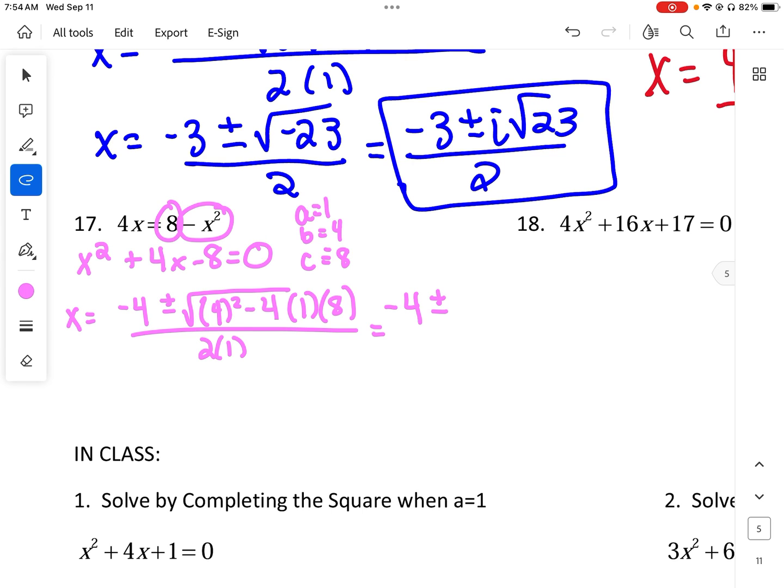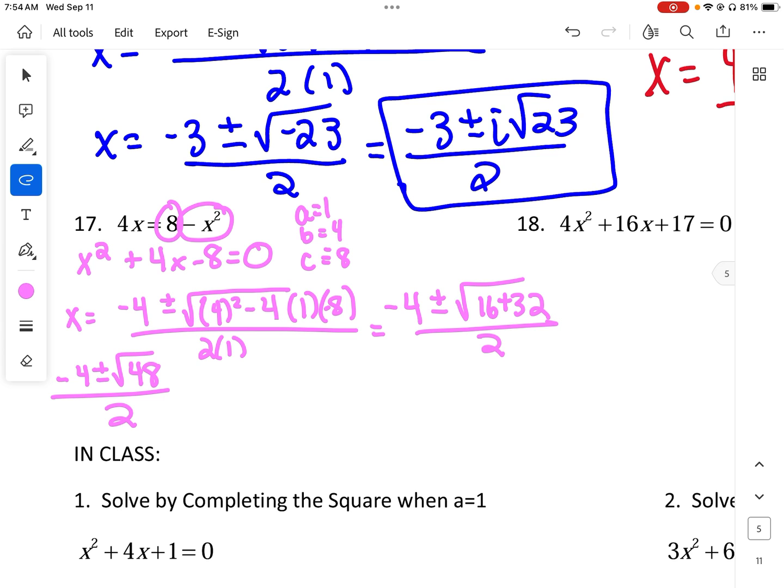So we have, let's see, oh, that's a negative 8. Sorry, almost forgot that. So that would be square root of 16 plus 32 over 2, which let's simplify a little bit more, plus or minus square root of 48 over 2.